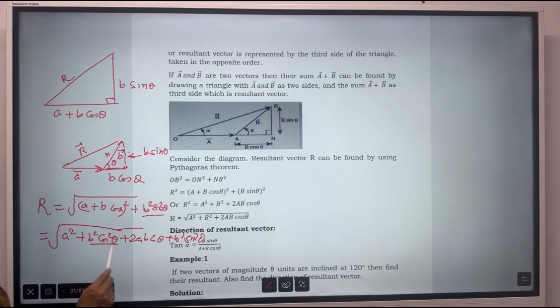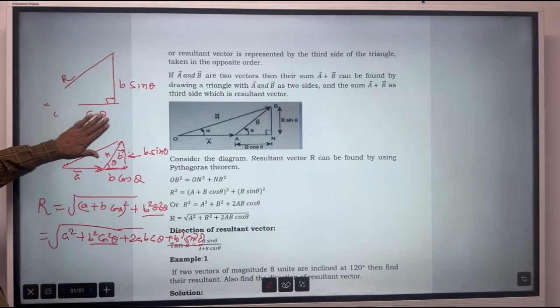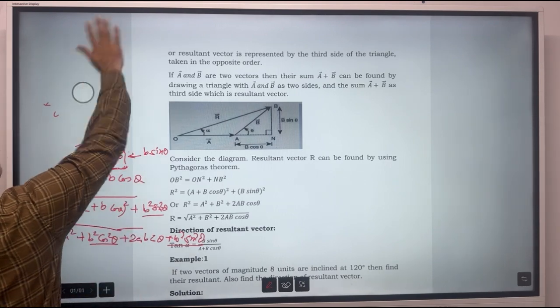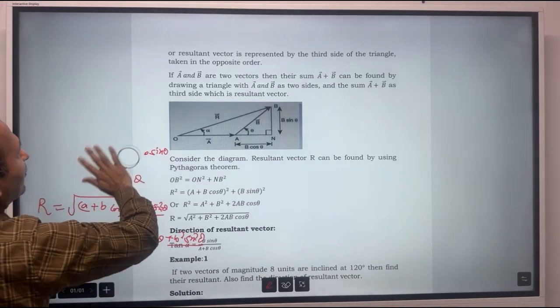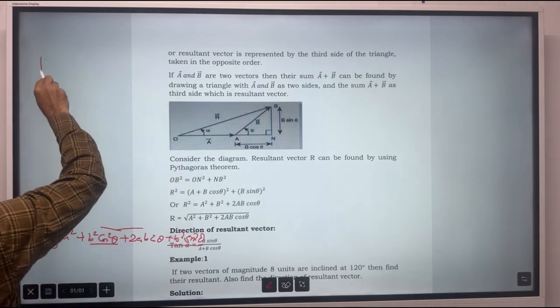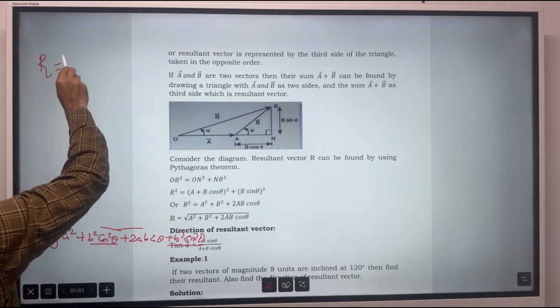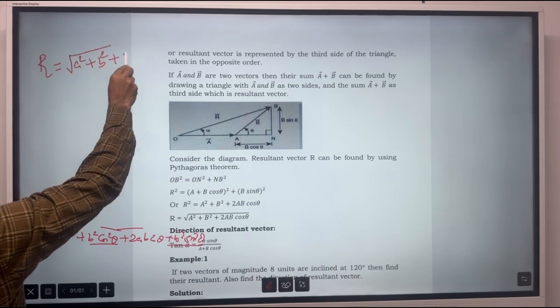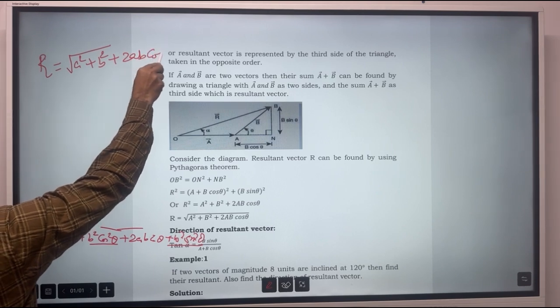Now this B square cos square theta and this B square sine square theta will become B square. So what do we get? Then the resultant that we are going to obtain will be R equal to root of A square plus B square plus 2AB cos theta.